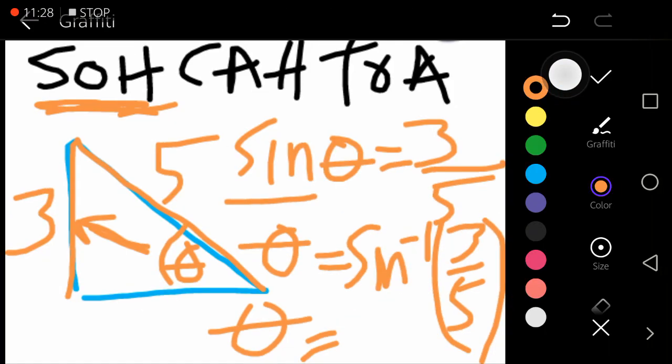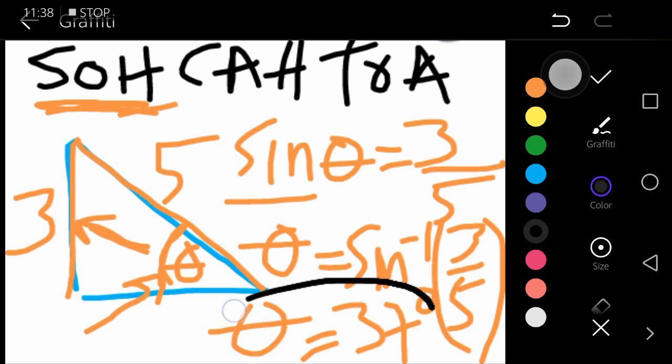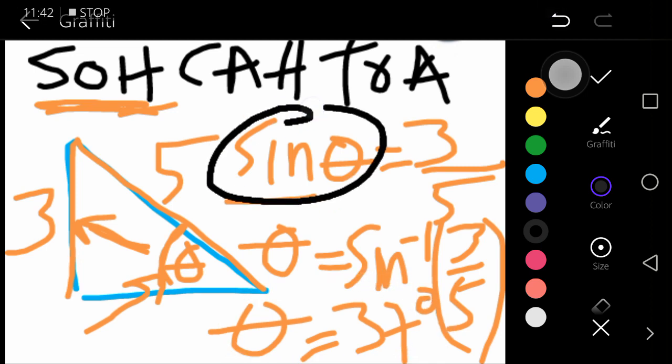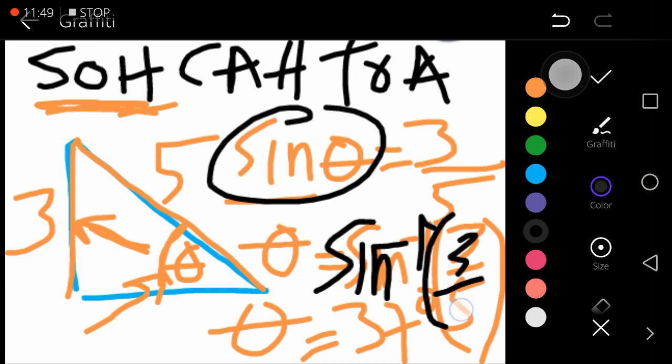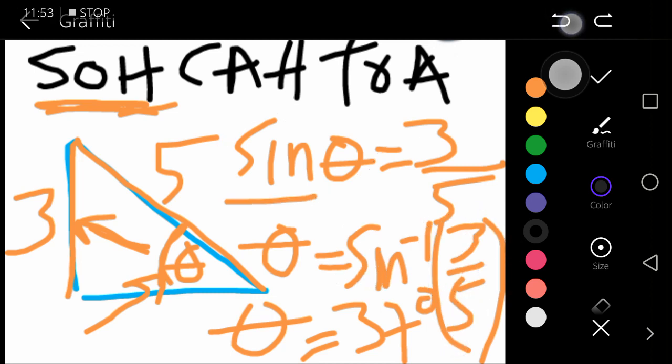Clear? So this degree is 37 degrees. Very simple. Just transfer the sine here and click inverse, then 3 divided by 5.